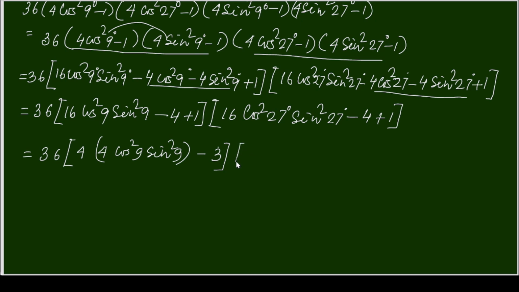Here it will be again 4 into 4 cos square 27 degree sine square 27 degree minus 3.